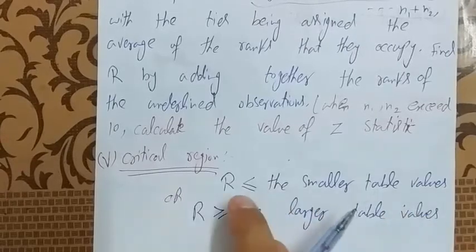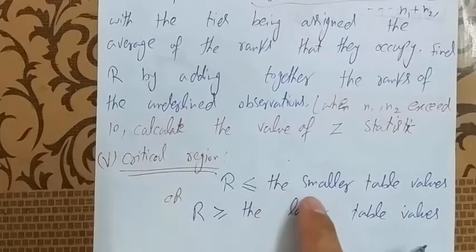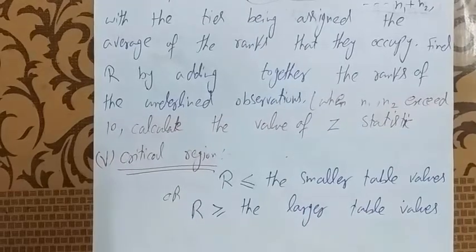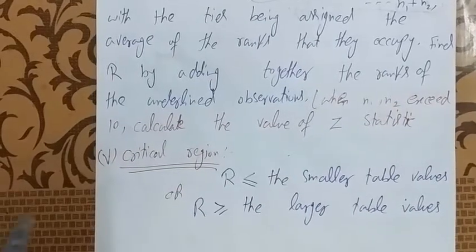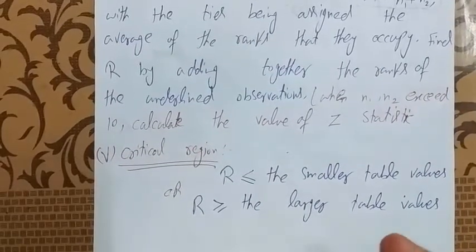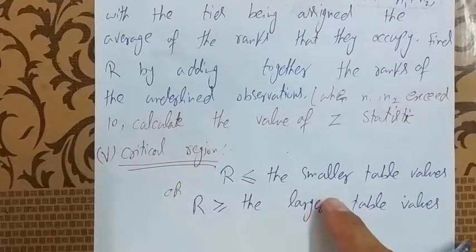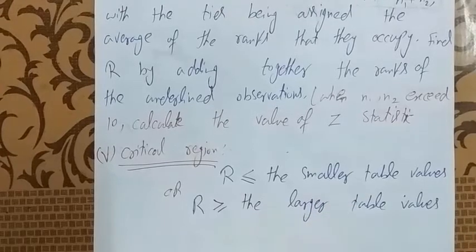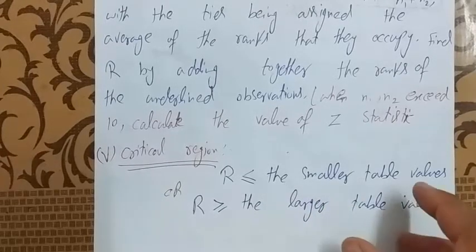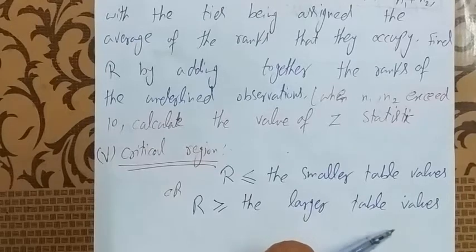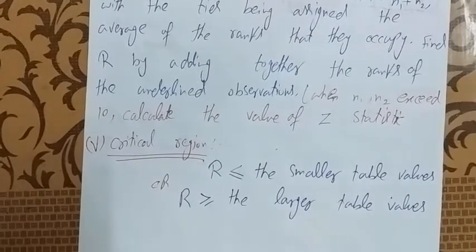Students, we have to find the values from the table by using the n1 and n2 observations from sample 1 and sample 2 respectively. Students, we have 4 values, but we use the upper 2 values.